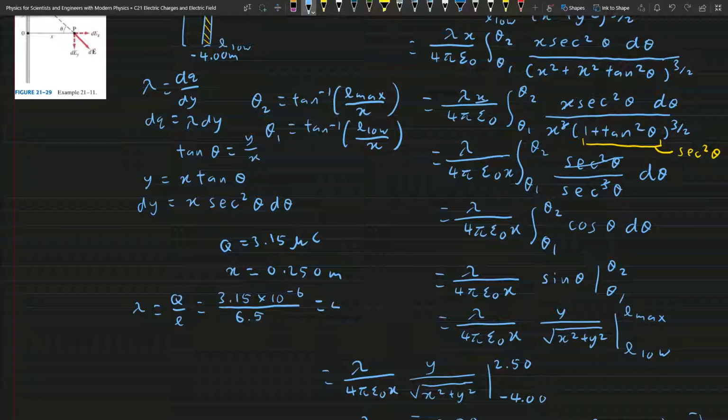So I get 4.46 times 10 to the negative 7 coulombs per meter.